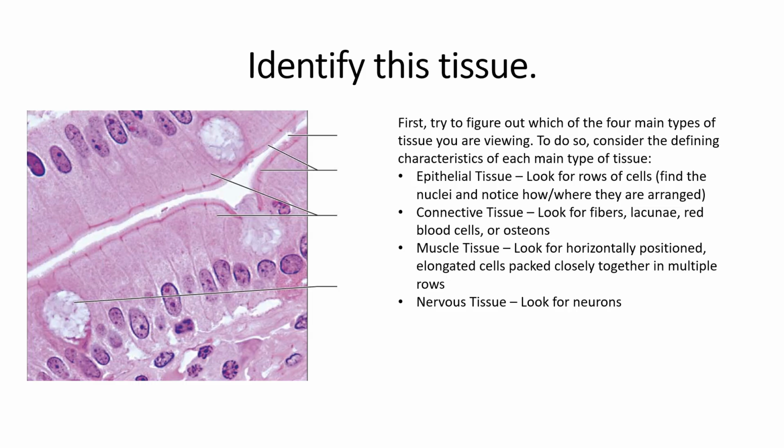We said you're going to look for those weird shaped cells, which are the neurons. Do we see that here? No, right? So then think about muscle tissue. For muscle tissue, you're going to look for horizontally shaped elongated cells that are packed closely or tightly together in multiple rows.